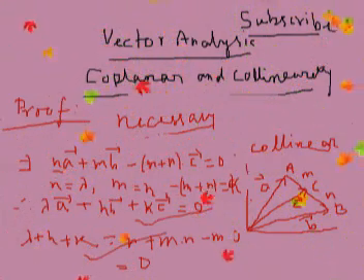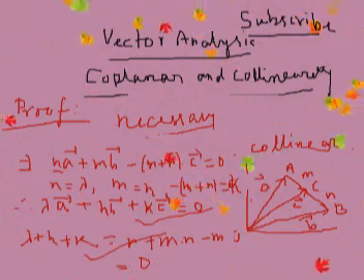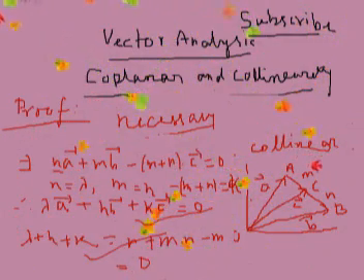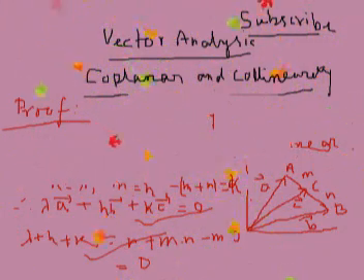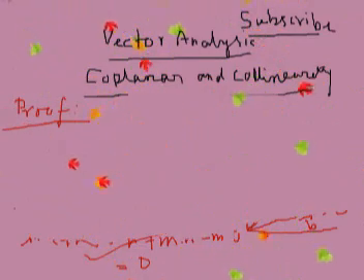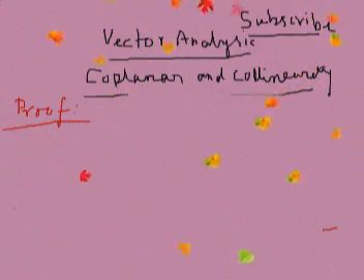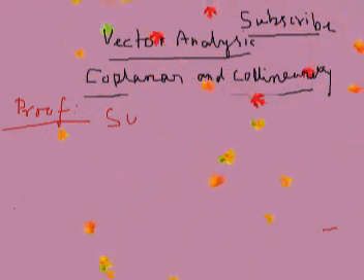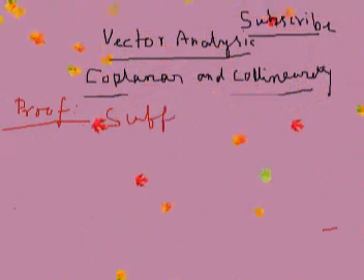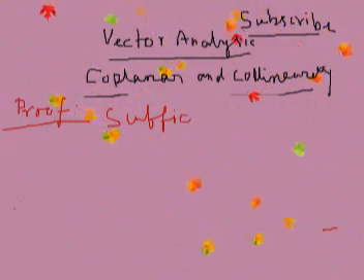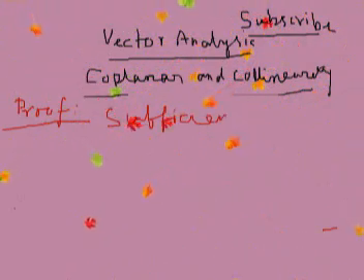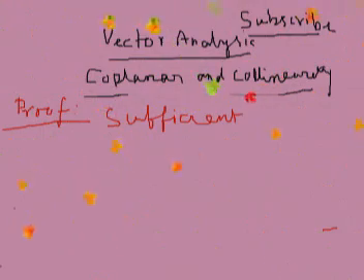And now we will prove the sufficiency of these two conditions. So sufficiency can be proved in this way. These conditions are sufficient to make three vectors collinear.